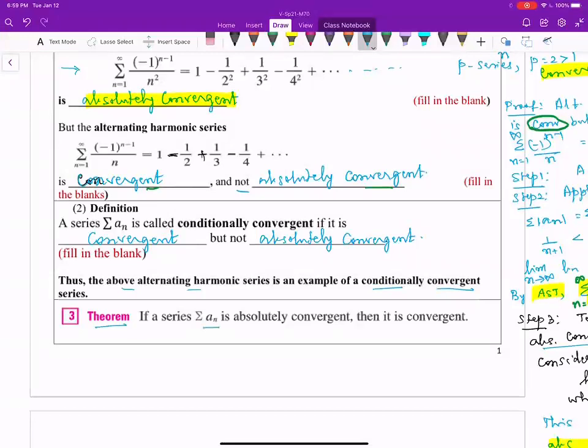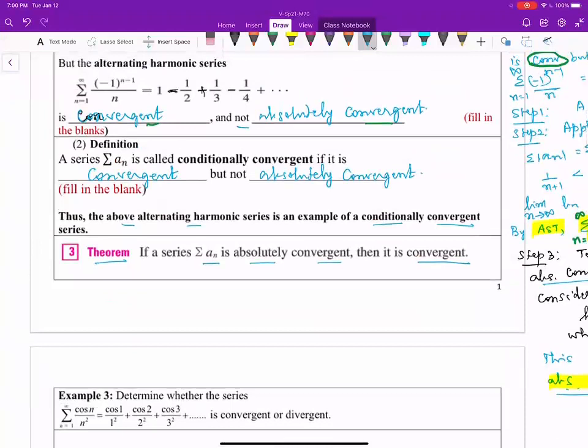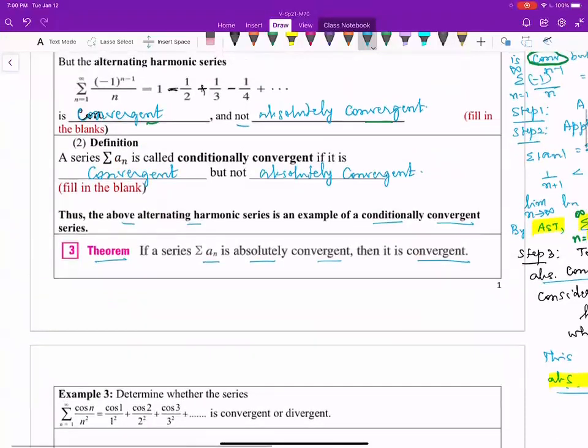Theorem: if a series sigma a_n is absolutely convergent, it is automatically convergent. A series which is absolutely convergent is automatically convergent. We can prove this easily. Consider this inequality: 0 is less than or equal to a_n plus absolute a_n.